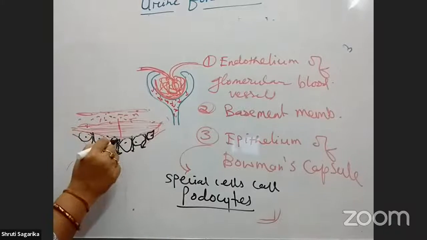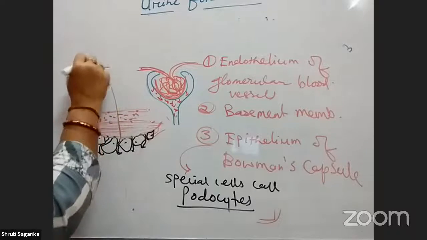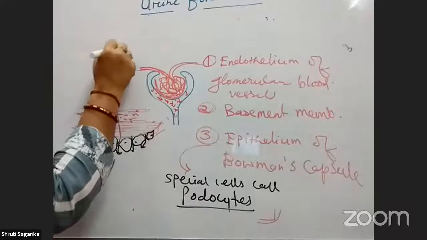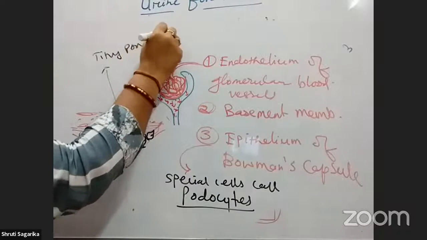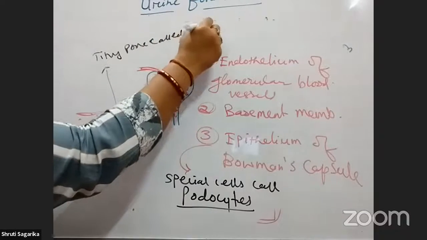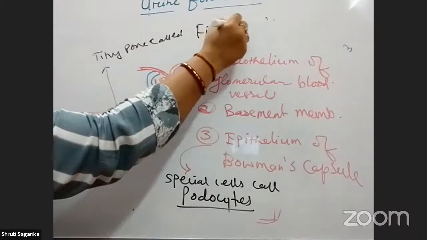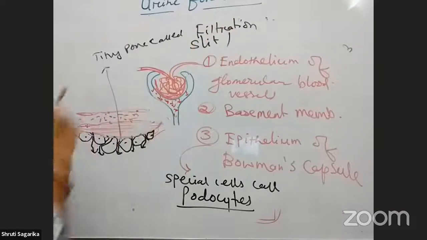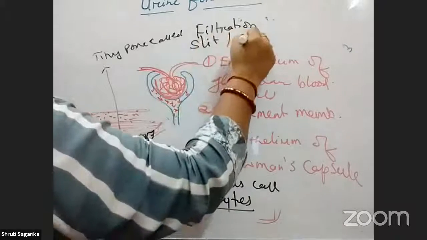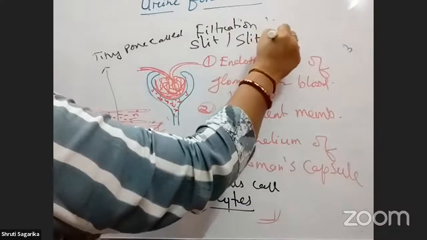So what are these tiny pores? Tiny pores called filtration slit, or they're also called as the slit pores.